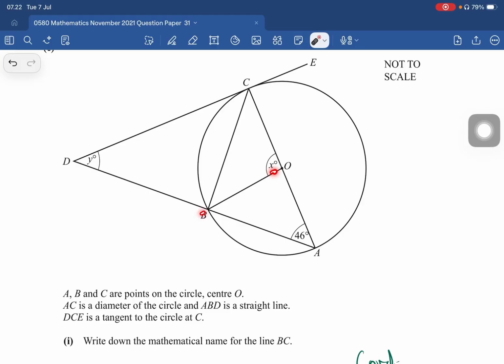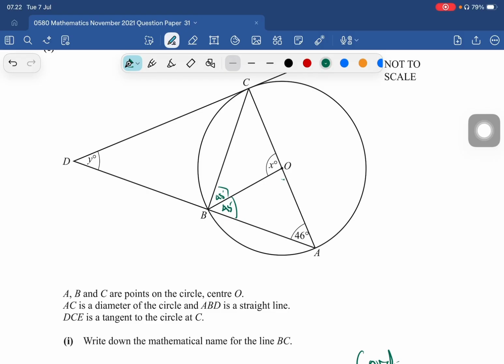We need to find B, O, C. So this is 90 degrees. So we make it a half, it's going to be 45. Also 45.